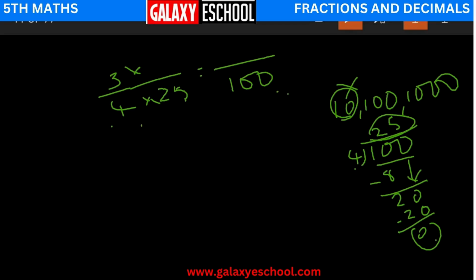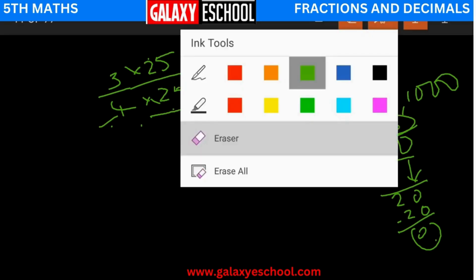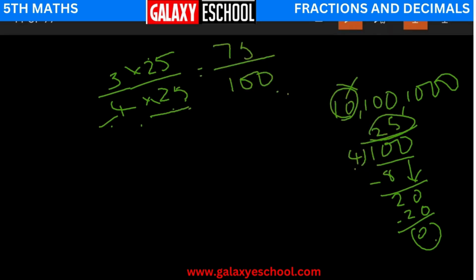Now as we have multiplied by 25 in the denominator, we have to do the same with the numerator. So 25 into 3 is equal to 75. So 75 becomes the numerator, and 4 into 25 is our 100.